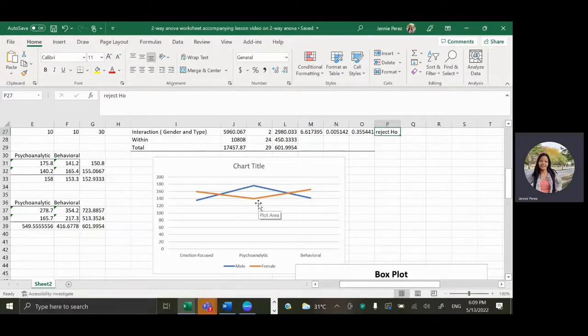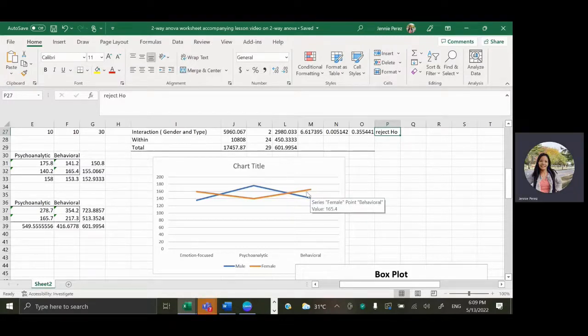Now, when it comes to the use of behavioral type of counseling, the scores of the clients between male and female counselors are just about the same.